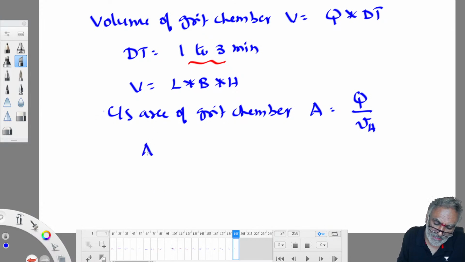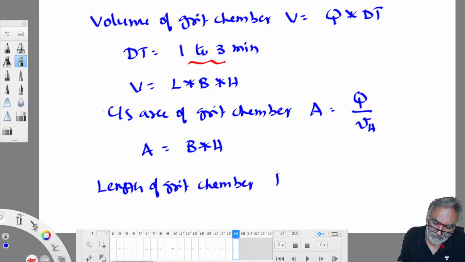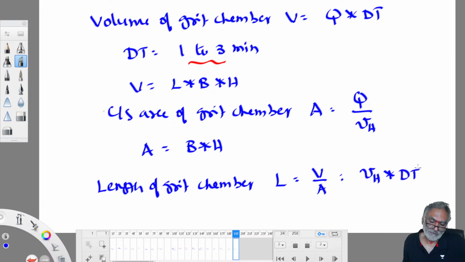This cross section area is equal to B into H. Then the length of the grit chamber you can find either by volume divided by cross section area, or otherwise by Vh into detention time. This also will give the same thing.